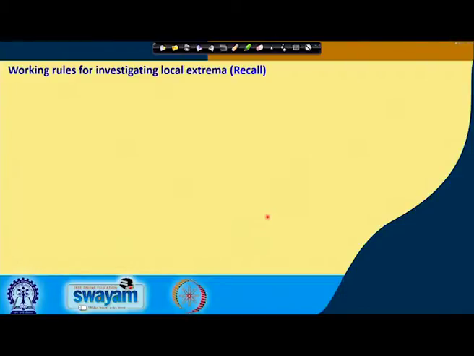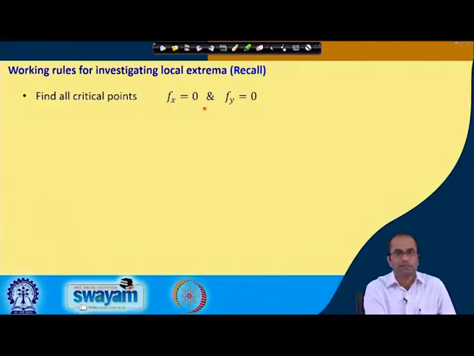So, just to recall, in the last lecture we investigated the local extrema, and those were the sufficient conditions and necessary conditions. We need to first find all the critical points, and we get those by solving these equations: the partial derivative of f with respect to x set to 0, and the partial derivative of f with respect to y set to 0. Solving these two equations gives all the points which satisfy them.